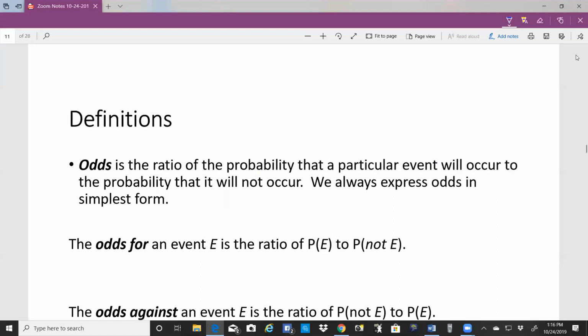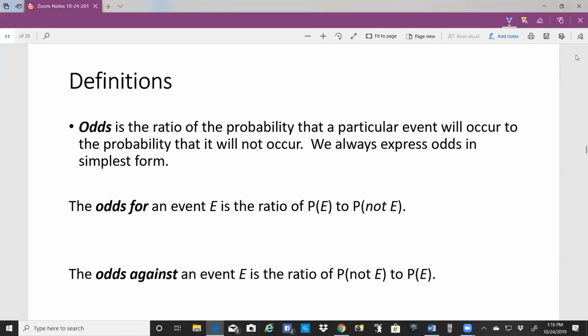And then you get to odds. Odds is what you get into when you talk about gambling on a sporting event or just about anything. Sort of interesting. I studied statistics and probability at Georgia Tech.